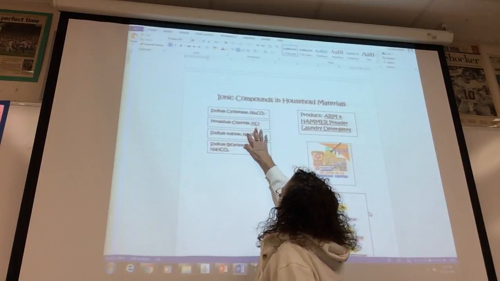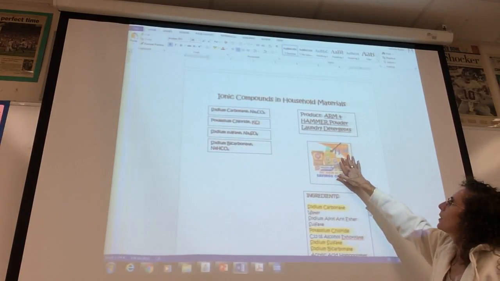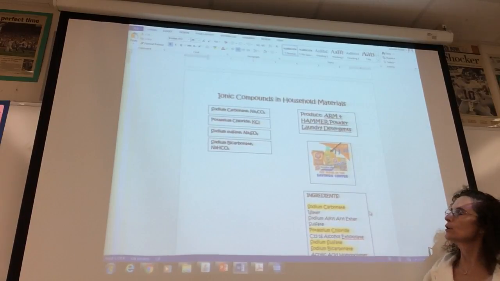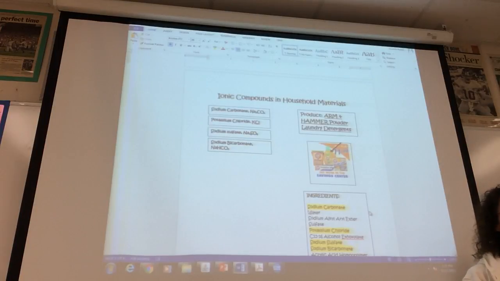There are 4 ionic compounds in Arm & Hammer powder laundry detergent. Of the 4 listed, raise your hand and tell me which one is the binary ionic compound. Rebecca. Potassium chloride. And how did you know that? Because it ends in ide.